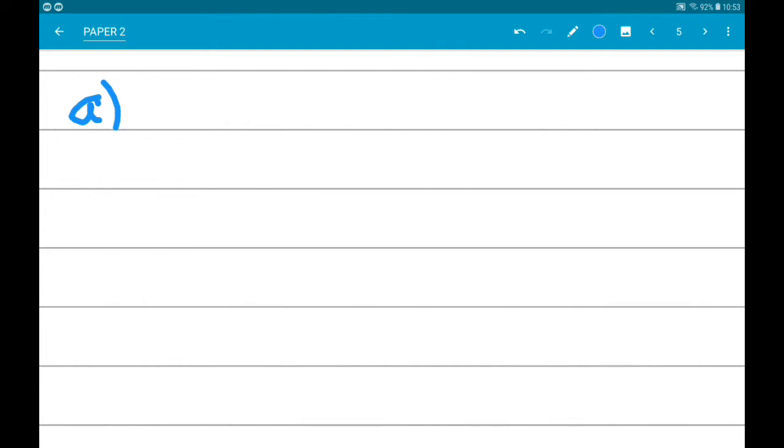So, the area of a trapezium is the height times the top and bottom lengths, all divided by 2. Now each trapezium here has a height of 5, so on the outside I'm going to put a 5 divided by 2.